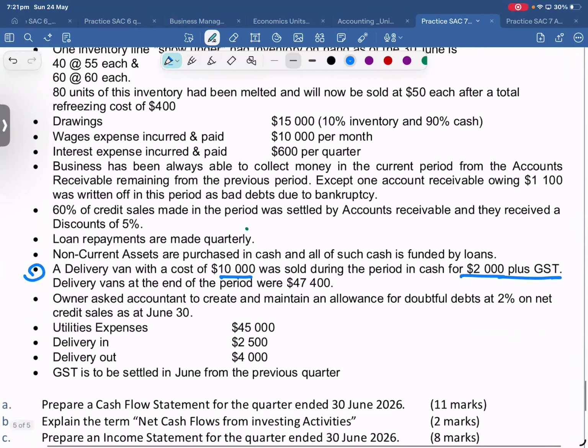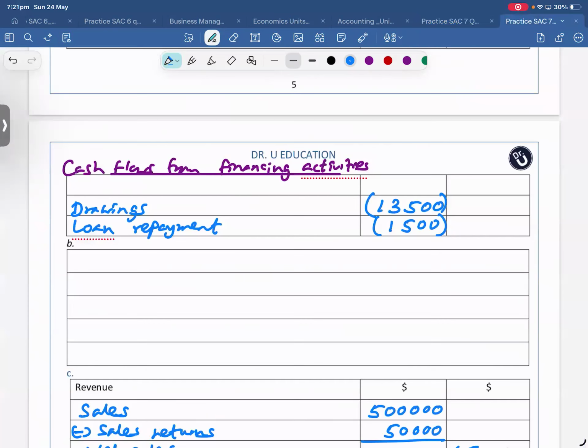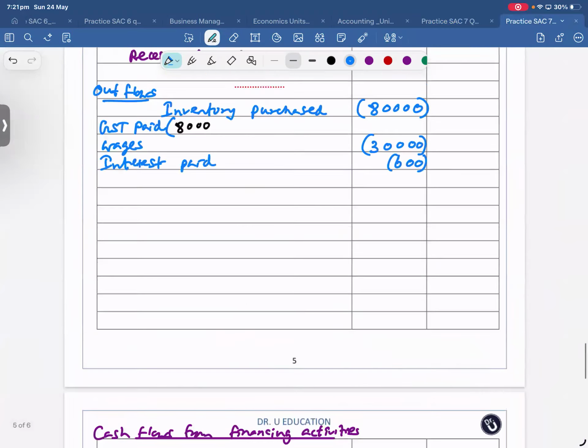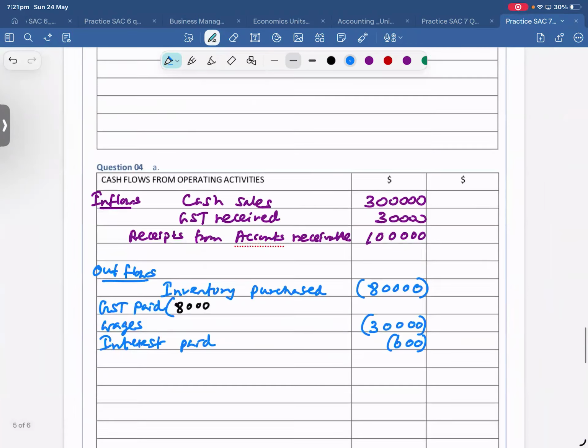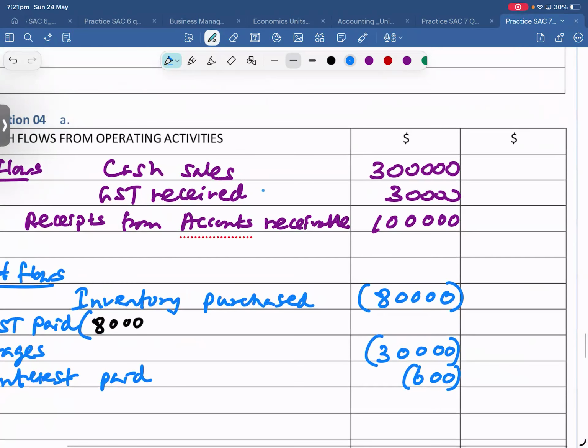And also there is GST, guys. So what do we do? We need to add the GST here. So we have to add another, how much? 200. So it's going to be 30,200.